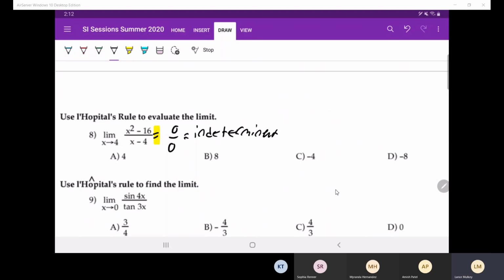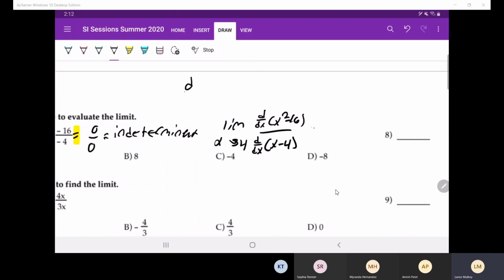So the limit as x approaches 4 equals the limit as x approaches 4 of 2x over 1, so equals 8 over 1 equals 8.